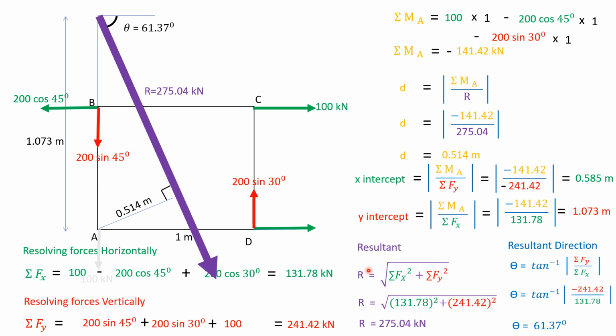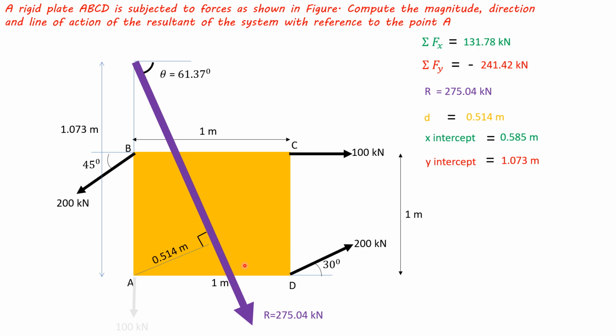So what we got is the resultant of 275.04 kN, making an angle of 61.37 degrees to the horizontal. Please note that the resultant will always make an angle with respect to the horizontal.